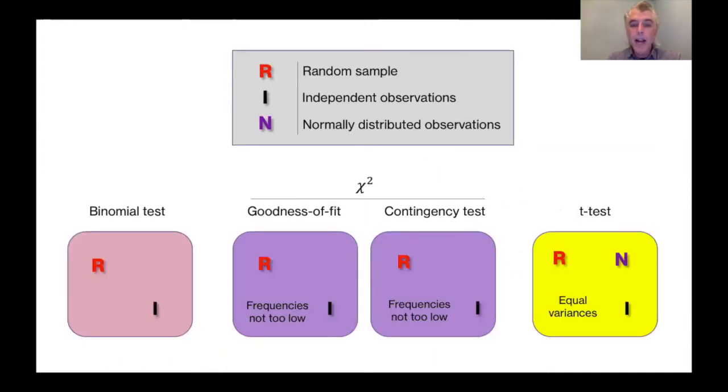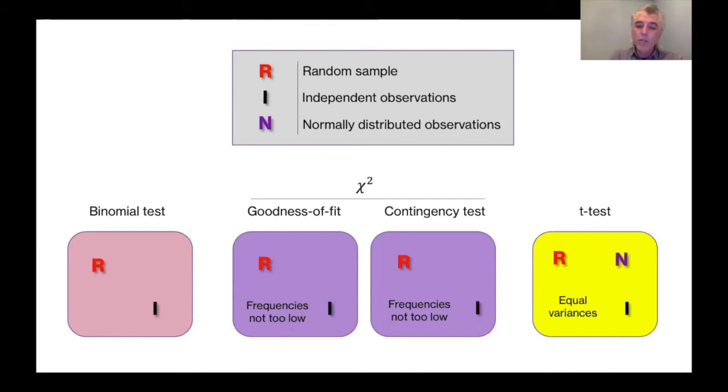Now, there are a variety of different statistical tests that we've talked about so far in these videos. And if you recall, this assumption that our sample is a random representation of the population and that observations are independent was characteristic of each of the statistical tests that we've talked about so far.